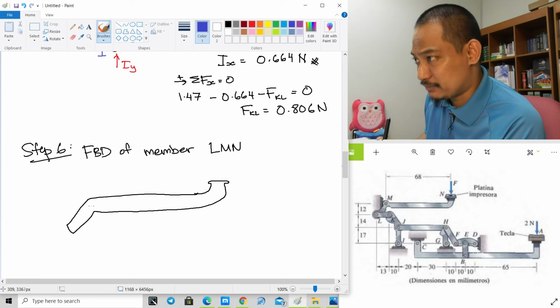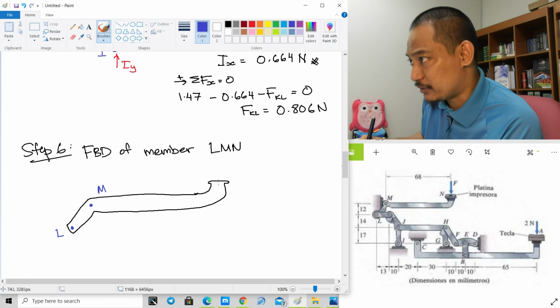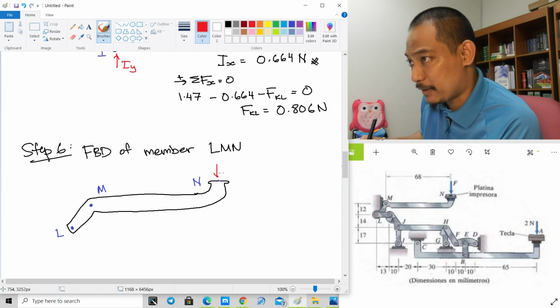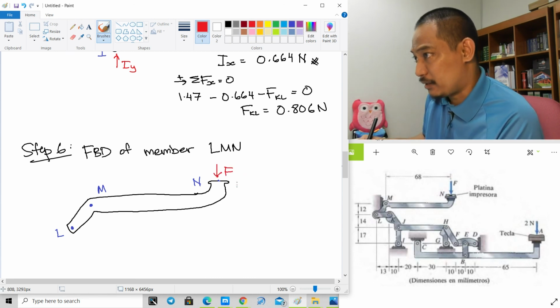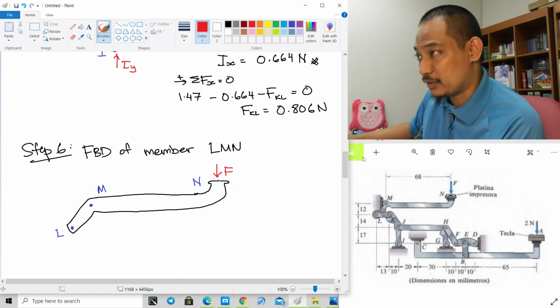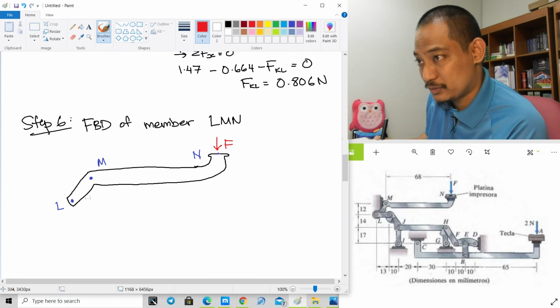So this is point M, this is point L, and then this is point N, and then we have the force F going down. And at L here we already know the direction there, so this one corresponding to force should be to the right.